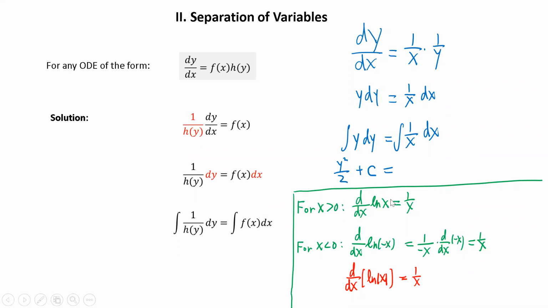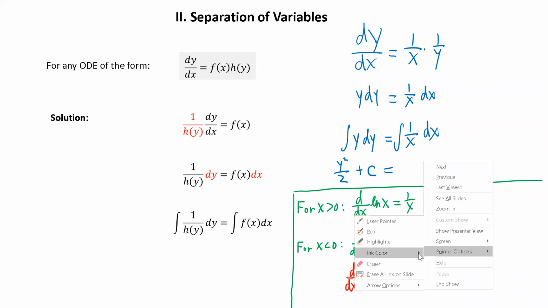For x greater than 0, you don't need to think about anything. But for x smaller than 0, the derivative of log of minus x is 1 over x. When x is smaller than 0, the absolute value of x by definition is minus x. That's why this is the formula if you consider both x positive or negative.